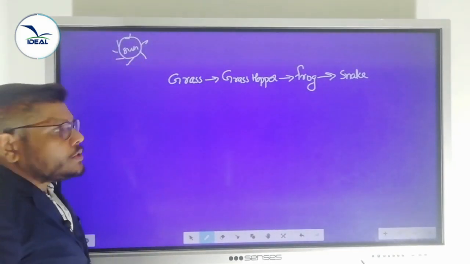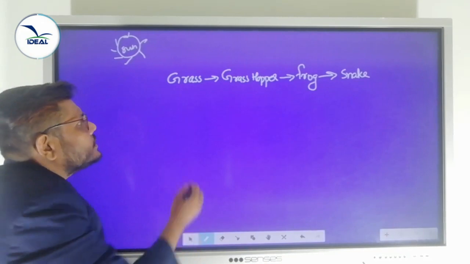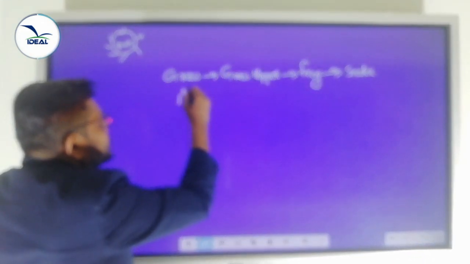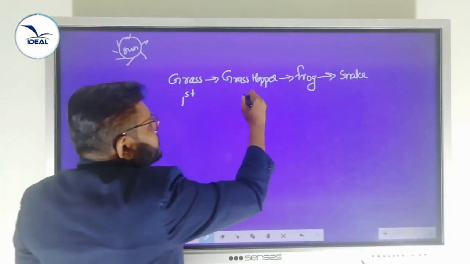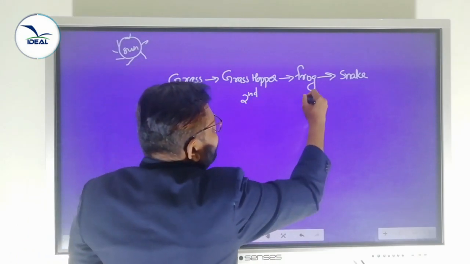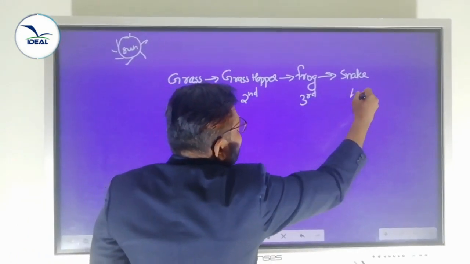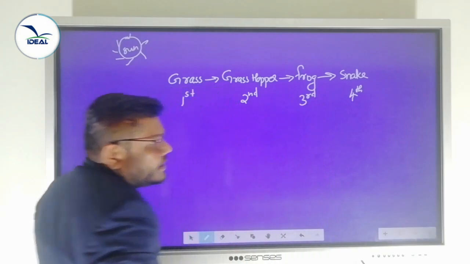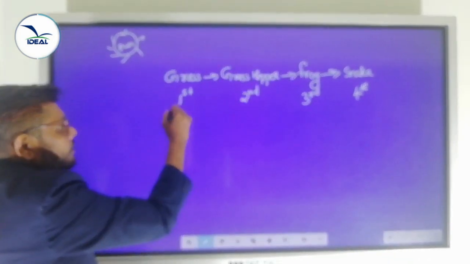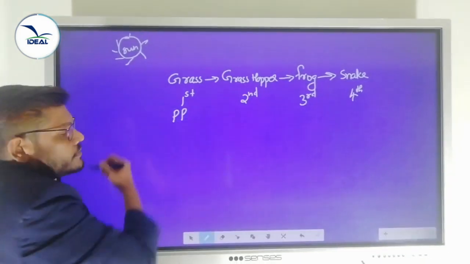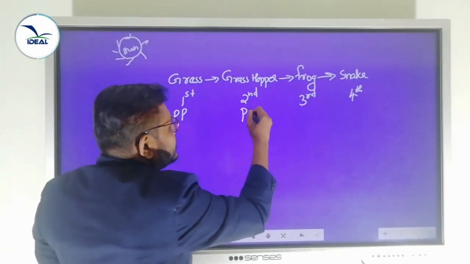So in this food chain, the grass is the first trophic level, grasshopper is the second trophic level, frog is the third trophic level, and snake is the fourth trophic level. Is it clear? This is the primary producer. This is the primary consumer.